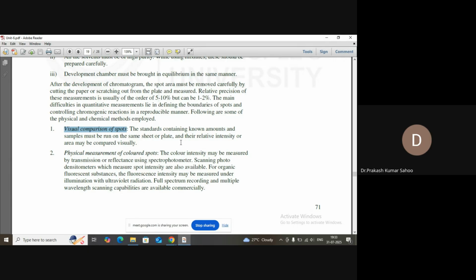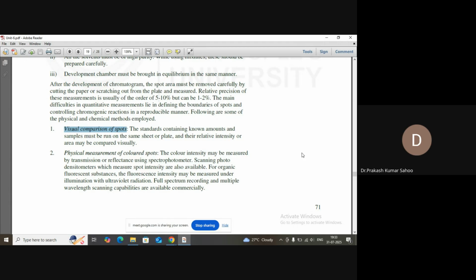Physical measurement of color spots. The color intensity may be measured by transmission or reflectance using a spectrophotometer. Scanning photodensitometers, which measure spot intensity, are also available. For organic fluorescent substances, the fluorescent intensity may be measured under illumination with UV radiation.